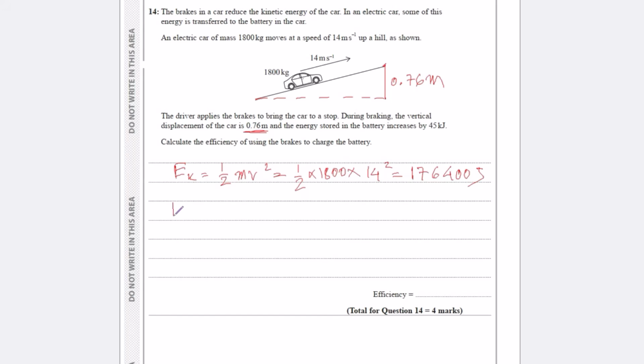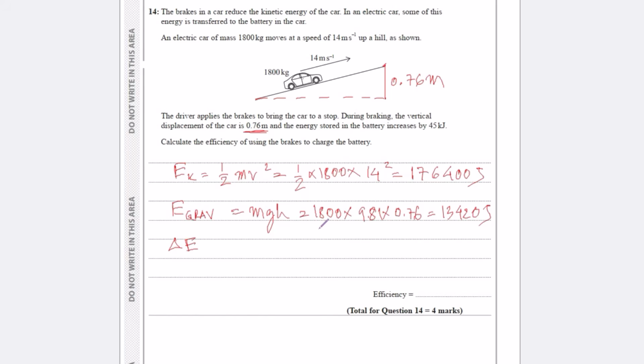So the change in E grav is mgh, which is mass is 1800, g is 9.81, h would be 0.76, and the value is 13420 joule.